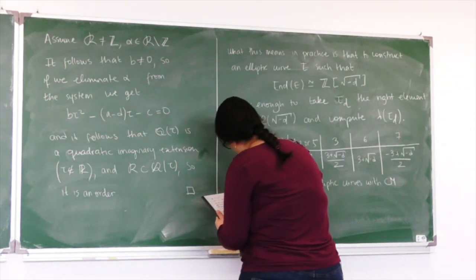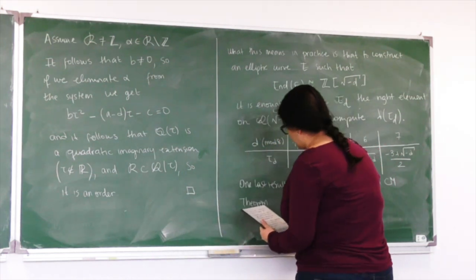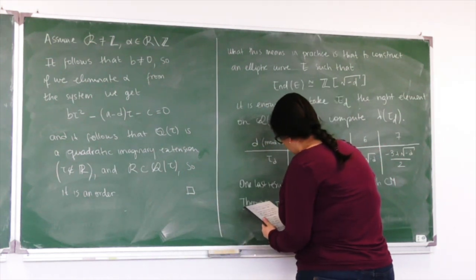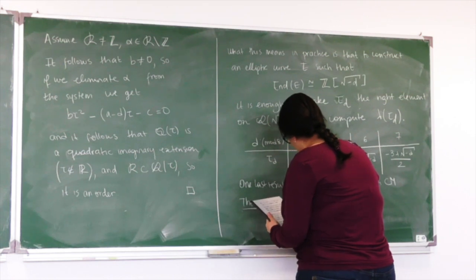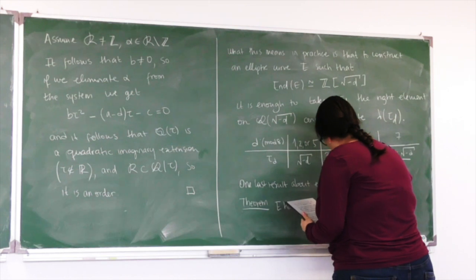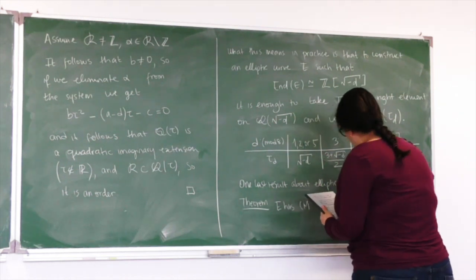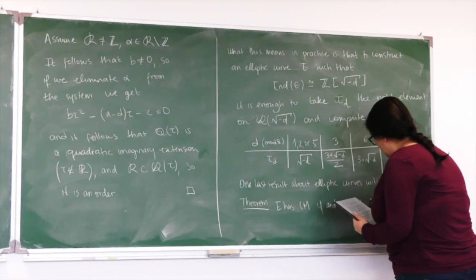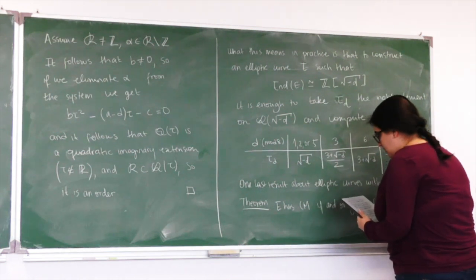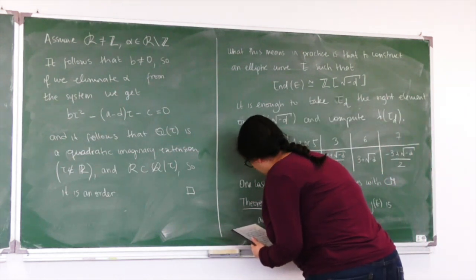Theorem: E has complex multiplication if and only if j(E) is an integer, an algebraic integer.